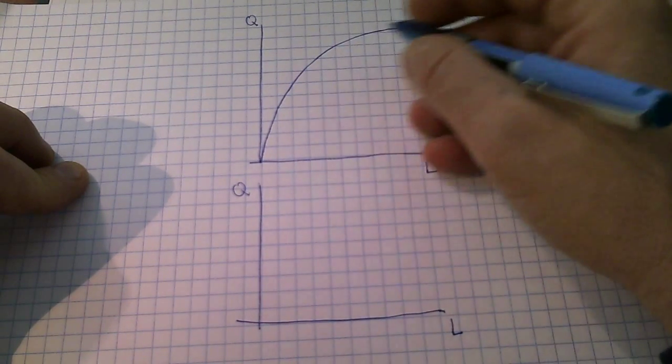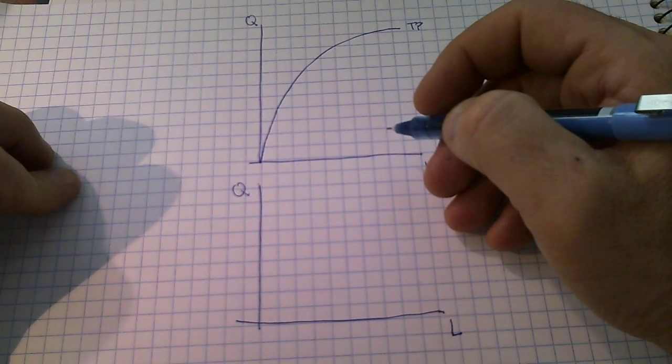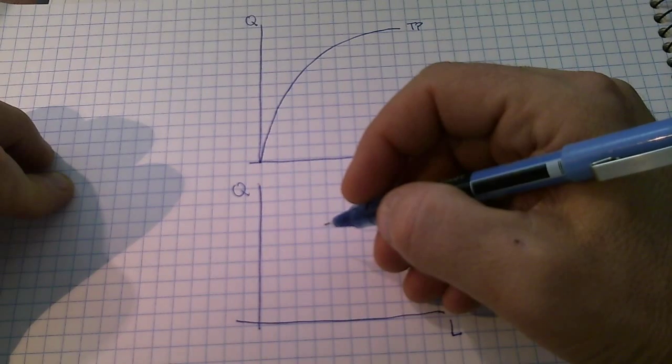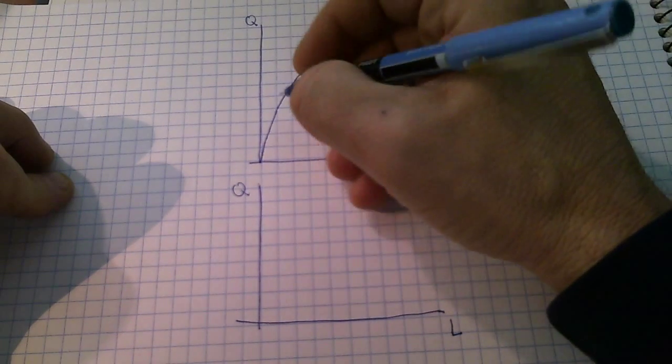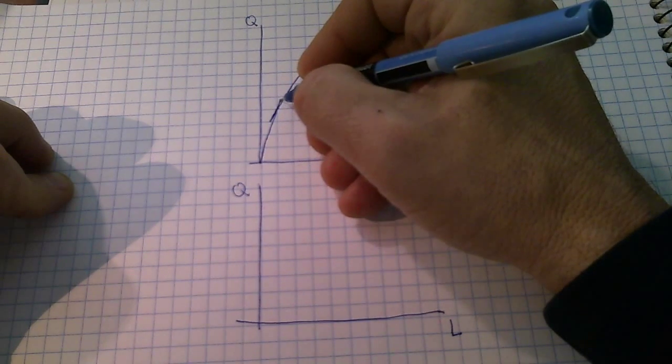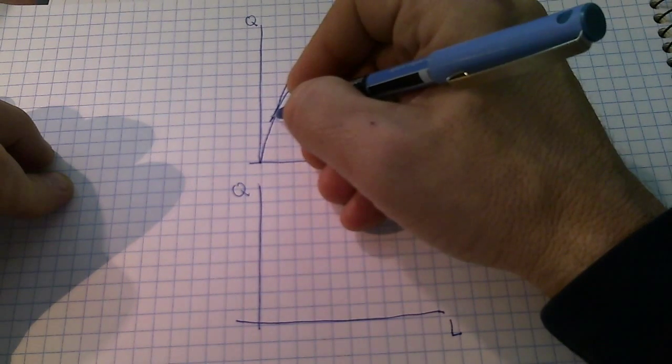Okay, throughout. In order to find the average and marginal product of labor, for marginal product of labor, you look at the slope of the total product curve.